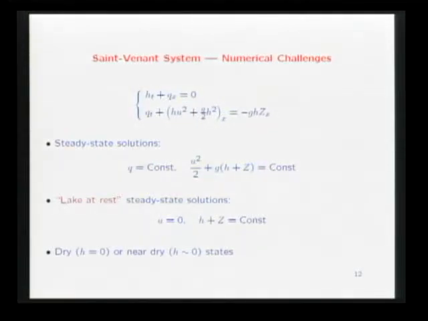Why are steady states important? Because in applications, a lot of waves which are to be captured numerically are just small perturbations of steady states, and the method should be able to preserve steady states, because otherwise the numerical errors may be larger than the waves to be captured.